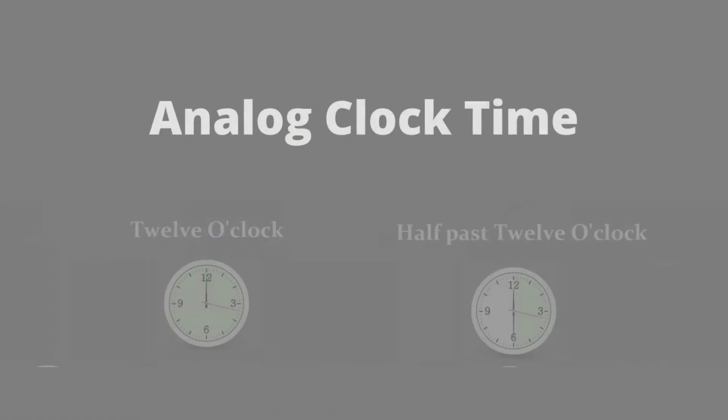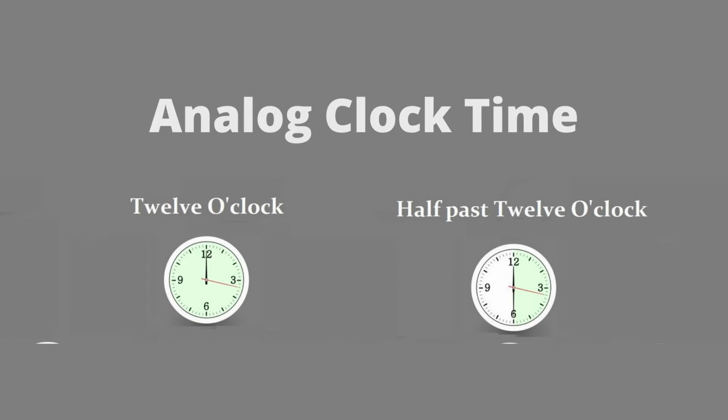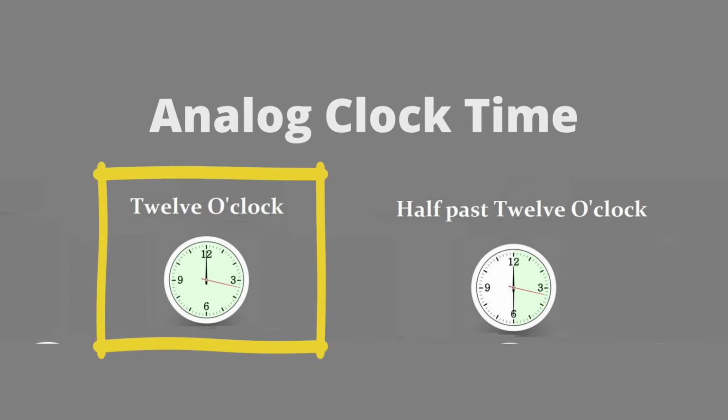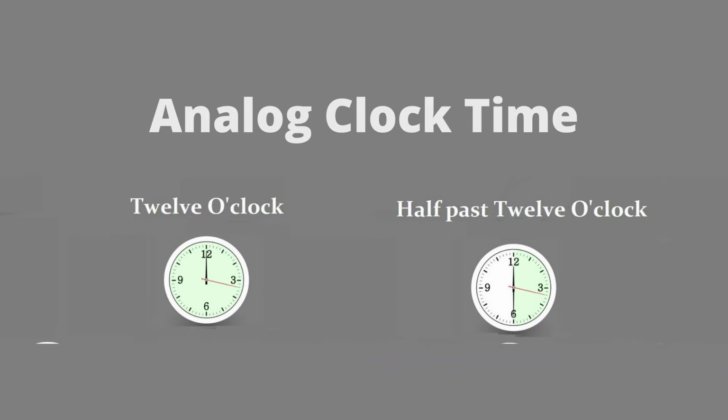The analog clock shows the minutes that pass by to complete and form a full hour. We start counting from the top, down the right side. We have an hour. We have 30 minutes or half an hour.